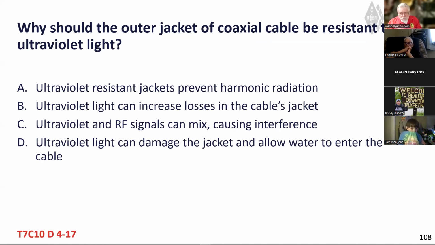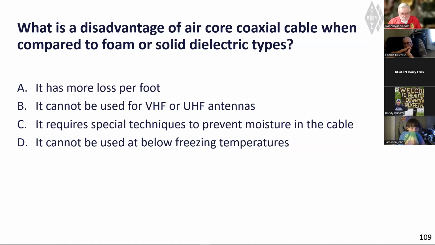Ultraviolet light can damage the jacket and allow water to enter the cable. What is a disadvantage of air core coaxial cable when compared to foam or solid dielectric types? It requires special technique to prevent moisture in the cable. Usually they are pressurized with something like nitrogen.